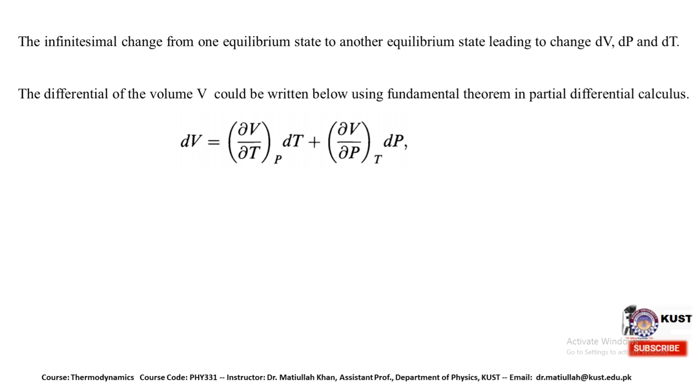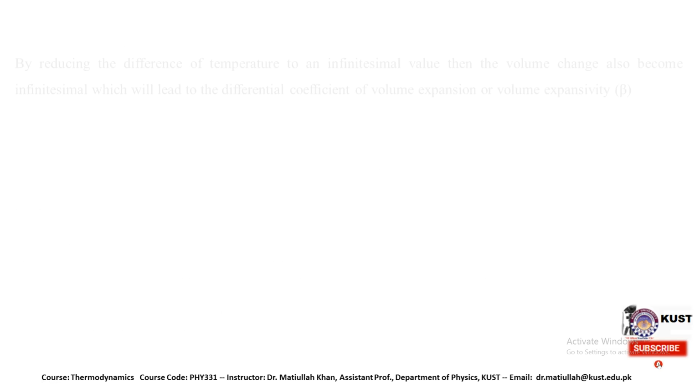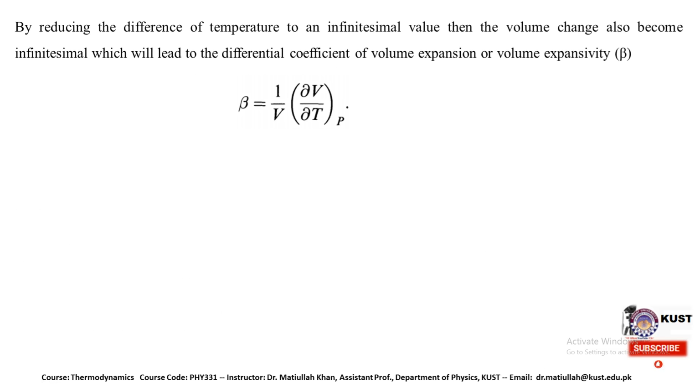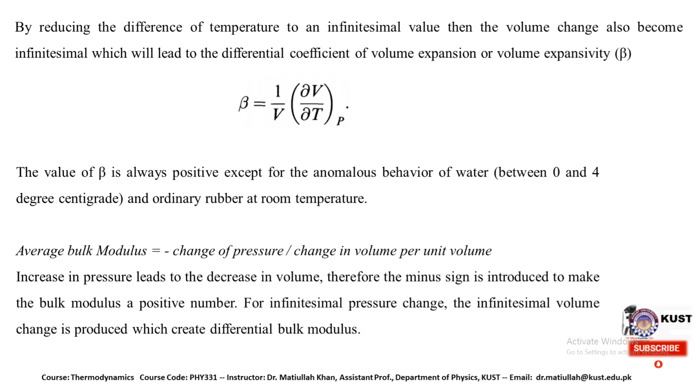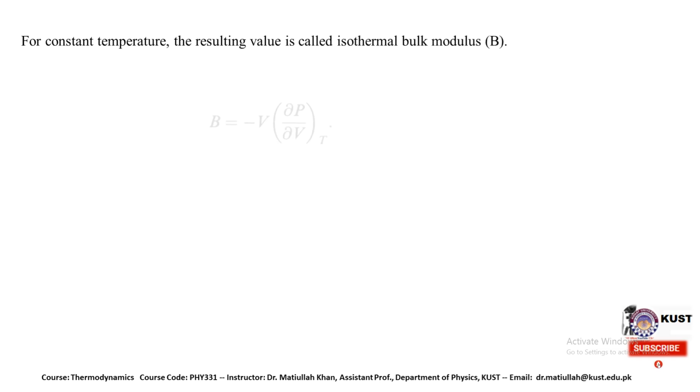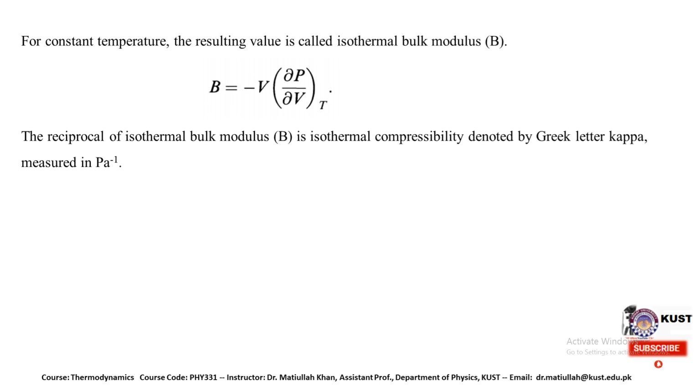This one is the change in the volume with respect to temperature when pressure is constant, and that is the change in the volume with respect to pressure when temperature is constant. One describes the volume expansivity, which has a physical meaning, and the other describes the isothermal compressibility, and both have a very interesting physical meaning.